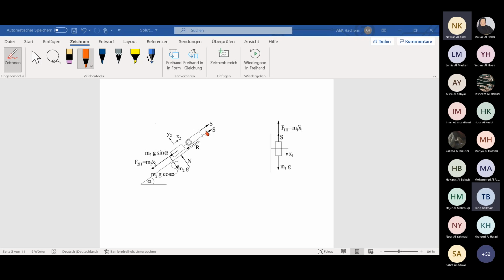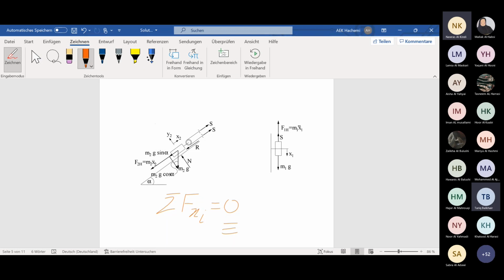The difference, as I said, is that the sum of the forces Fxi is equal to zero. This is important. In Newton, we say it's mi x double dot i. This is what we do in Newton.